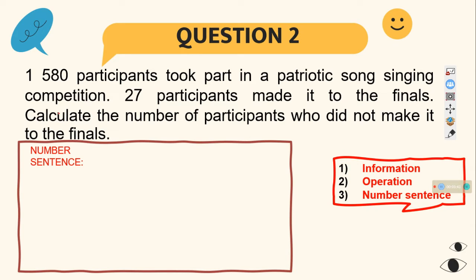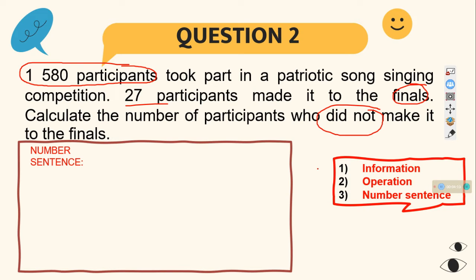What are the informations that you get from this question? The total of participants, 1,580. And then 27 participants made it to the finals. But the question wants to find the number of participants who did not make it to the finals.